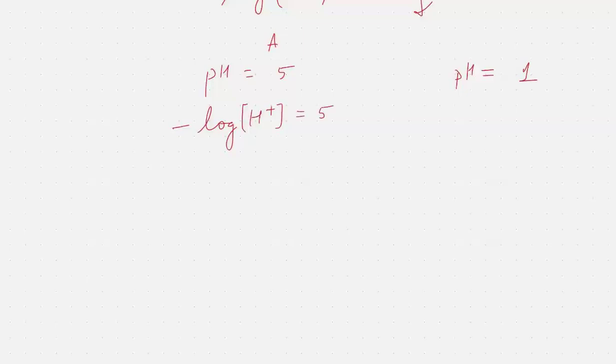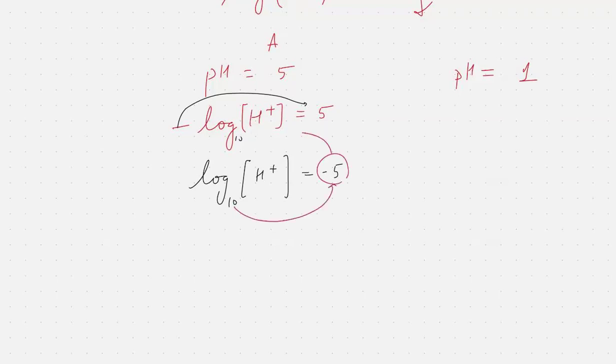So when the base is 10 here, you take the minus on the other side. So log of H plus is going to be minus 5 to the base 10. How do we get the value of H plus? We know that 10 raised to power minus 5 gives me this H plus. Do you understand this part?